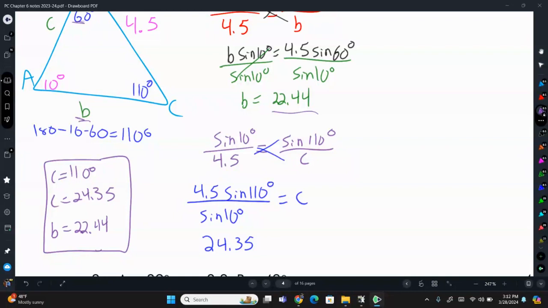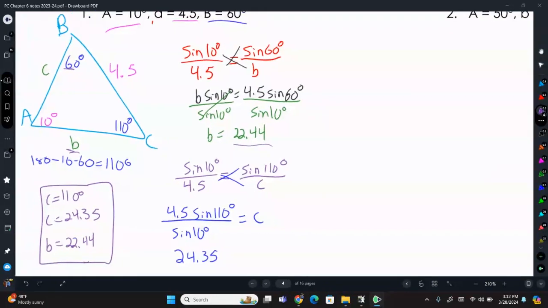Now I like to go and make sure that this triangle makes sense. All the angles add up to 180 degrees. The smallest side, which is 4.5, doesn't touch the smallest angle, that's 10 degrees. And the largest angle, which is 110 degrees, does not touch the largest side, which is 24.35. So this triangle makes sense.